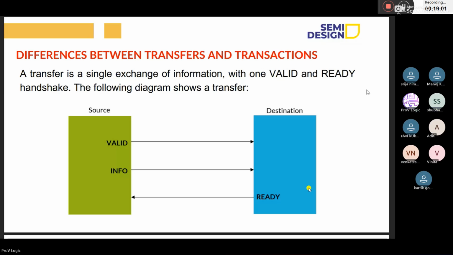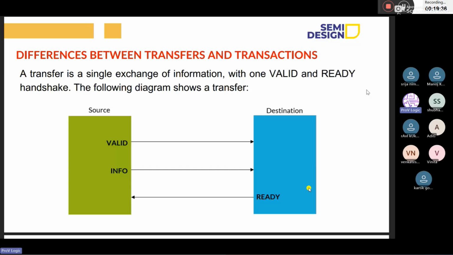Okay, first of all, transfer means it's a single bit of data we send via clock. Just a single bit of data, just one transfer. That's what we call a transfer. Transaction means the group of transfers is nothing but one transaction in that particular channel.